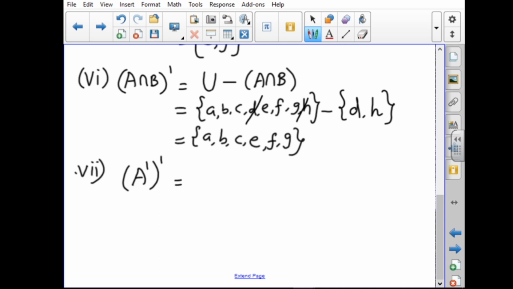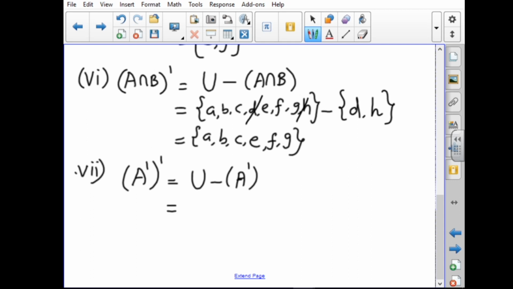That is U minus A dash. U minus A dash, that is A dash whole dash. So already we found the A dash value.